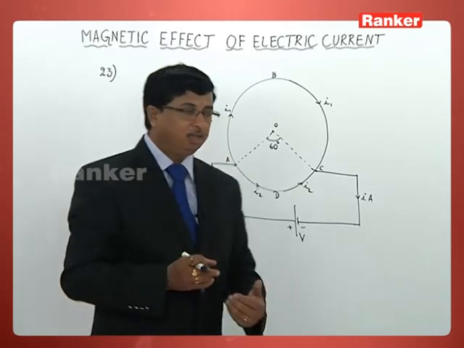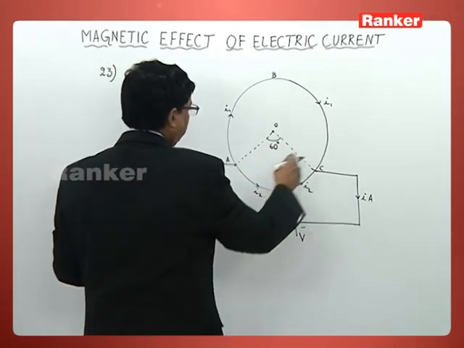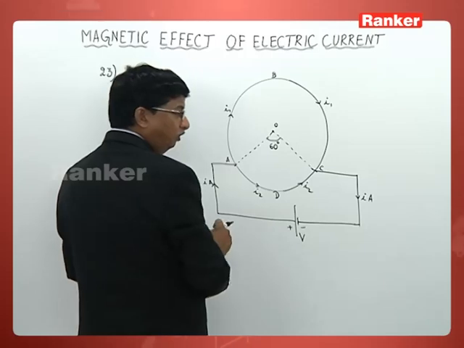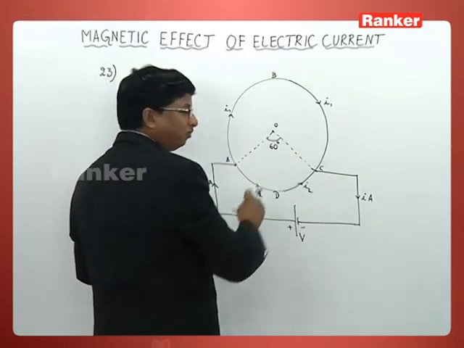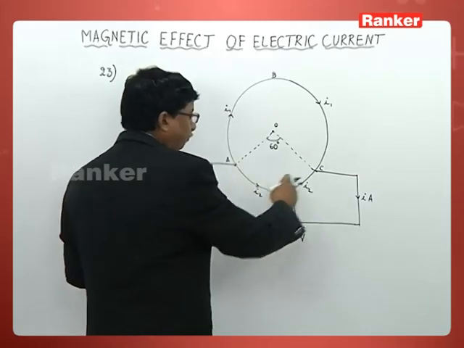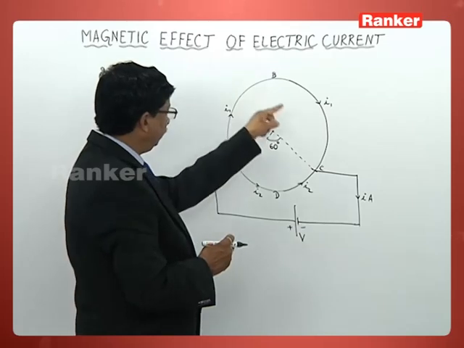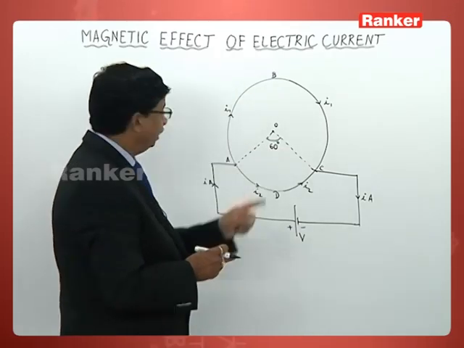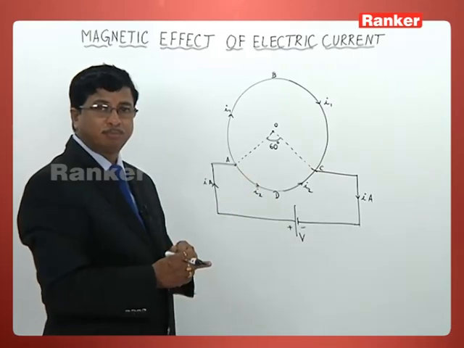But here it is not so. This length is more than this length. So, common sense says this resistance will be more than this part of resistance. When resistance is more in this ABC part, then current automatically will be reduced there.